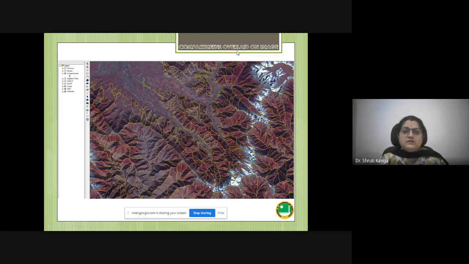Then this is the overlay of the compartments over the satellite image. Each and every compartment is plotted over here. Whatever you want to highlight, you have to click that. Right now, because the image is highlighted, the DEM and white hillshade are below this. If I uncheck it, then I am able to see all those things.